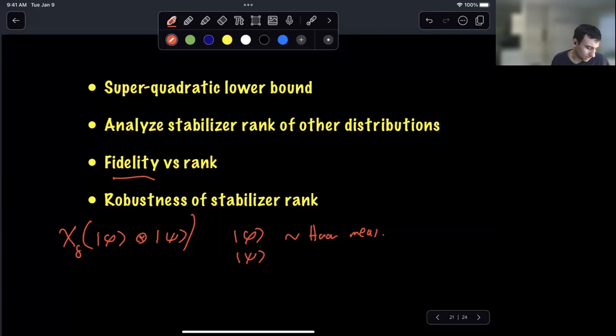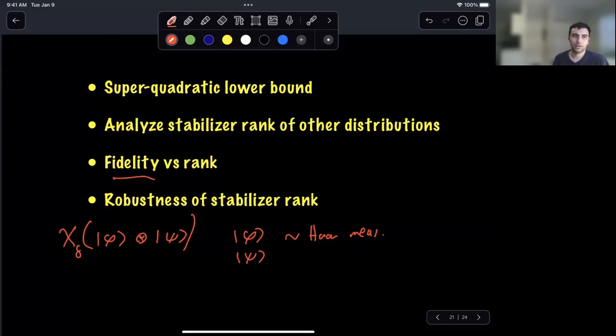And the last question that might be interesting is the robustness of stabilizer rank. We know that there are some states for which the approximate rank and the exact rank are very different. There are actually some examples where the approximate rank is 1, but the exact rank is 2 to the n. But can we say something more concretely about the robustness? For example, if you have some typical state, what would be the robustness of the stabilizer rank?